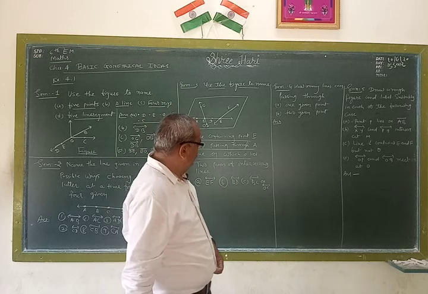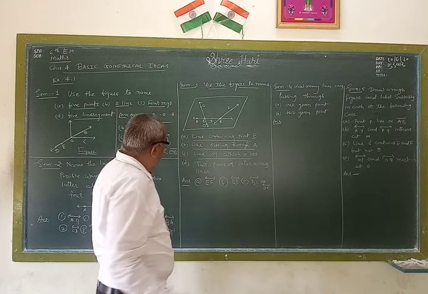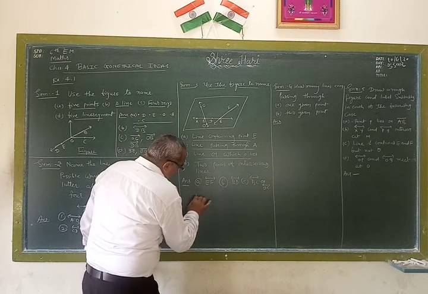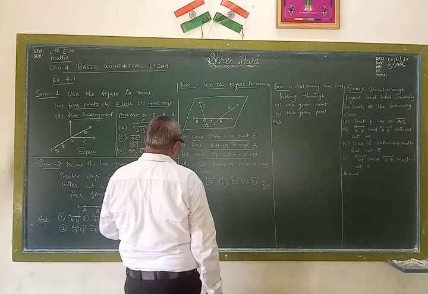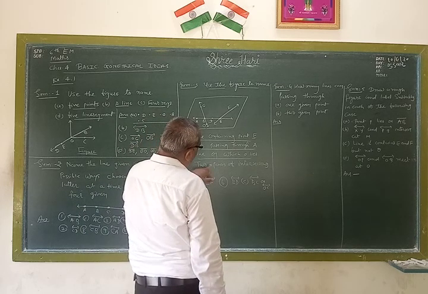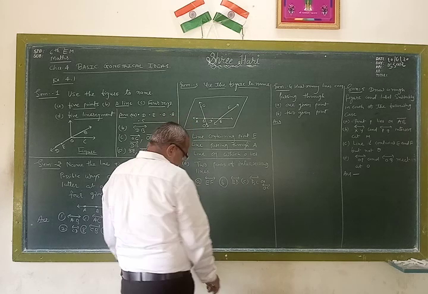Now, answer of D: two pairs of intersecting lines.